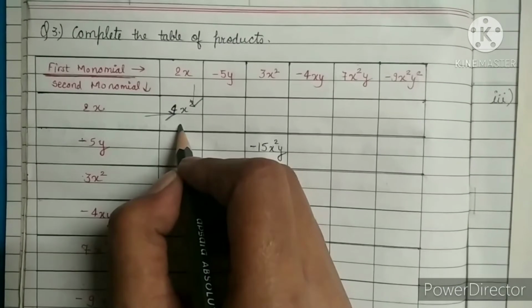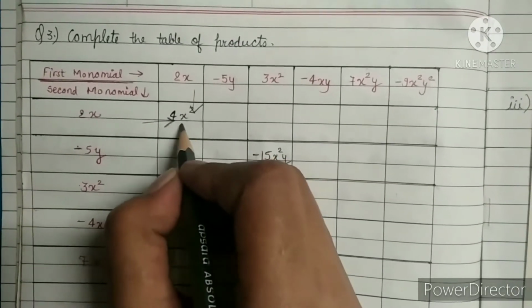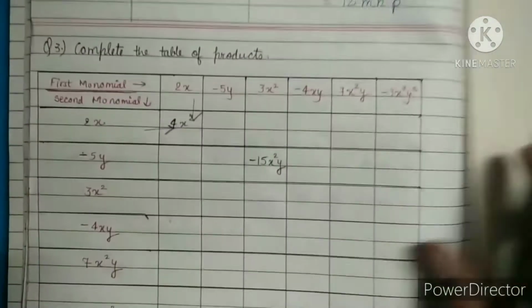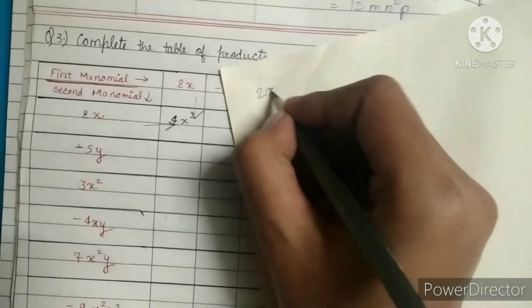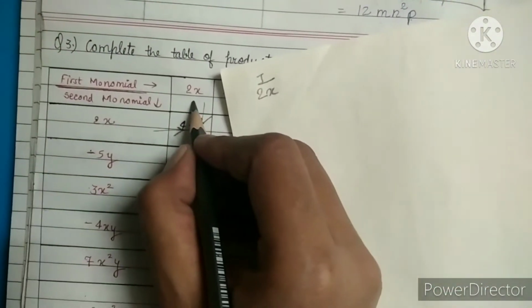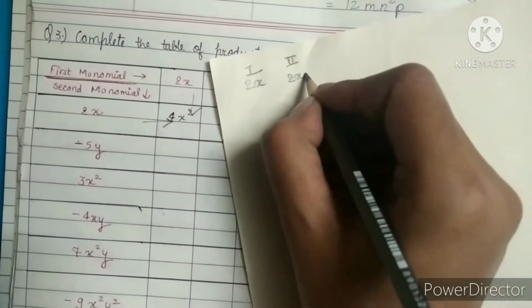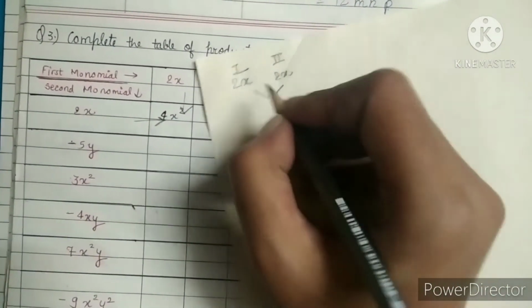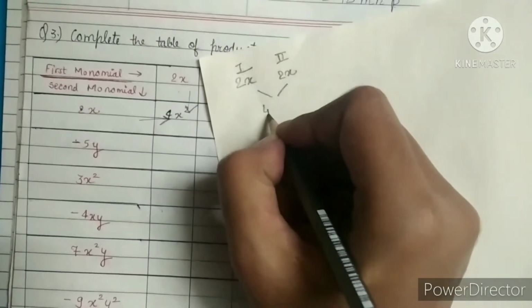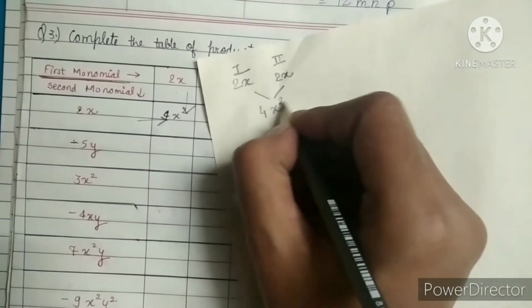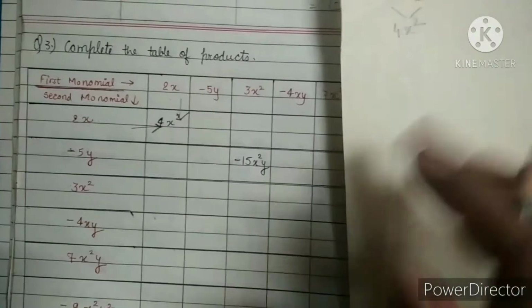So what is the answer here? Here we have 4x square. So we should multiply the first monomial and the second monomial. The second monomial is 2x. So when we multiply them, 2 twos are 4 and x into x is x square. Yes, we did it correctly.